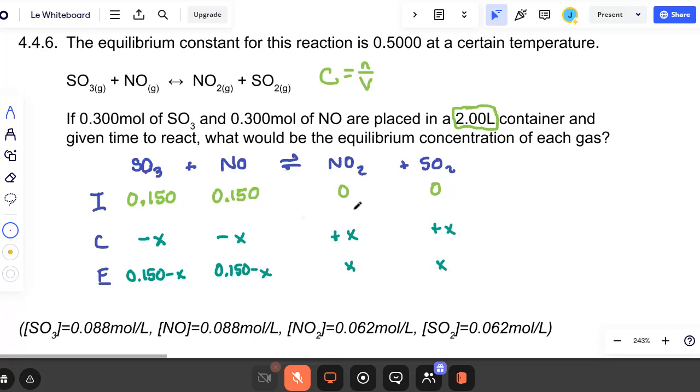So if we write our K formula, for products, we get X for NO2 and X for SO2, and I'm going to write that as X squared to save a little bit of room. And for reactants, we have 0.150 minus X, and that happens twice. So we get 0.150 minus X all squared, and they told us that equilibrium constant is 0.5.